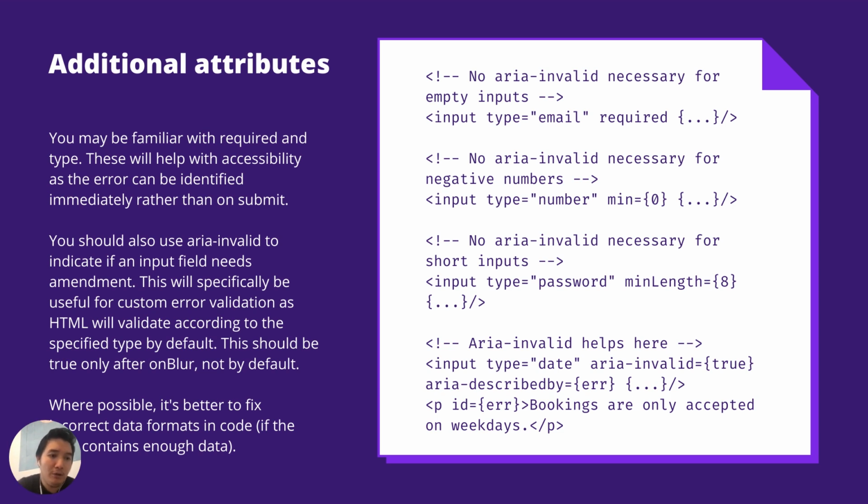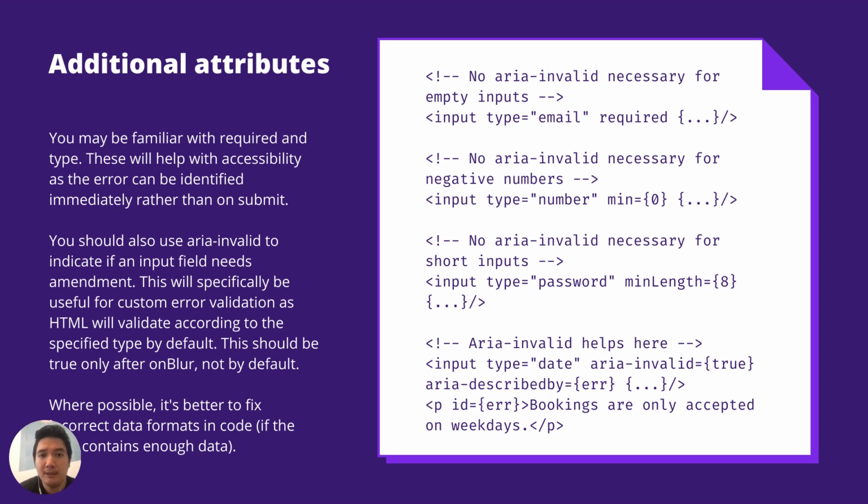This should be true only after on blur, not by default. And where possible, it's better to just fix the format than to throw an error. This is both a UX thing and also just an accessibility thing. Trying to deal with an error on a submit form is not a pleasant experience for accessibility, no matter how well put together it is.